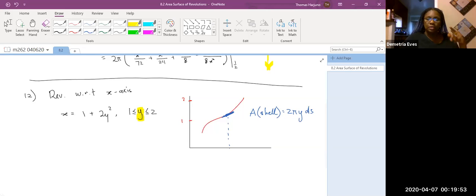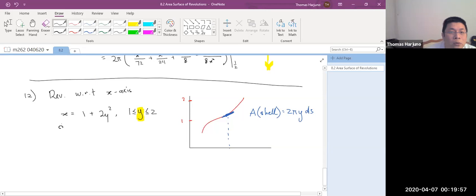Because it's going to be spinning around there. So dx/dy will be 4y. That will be 4y. So (dx/dy) squared will be 16y squared. When I add 1, that's plus 1.